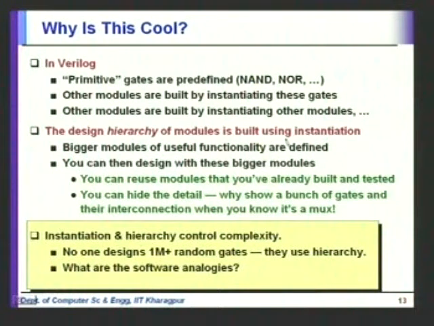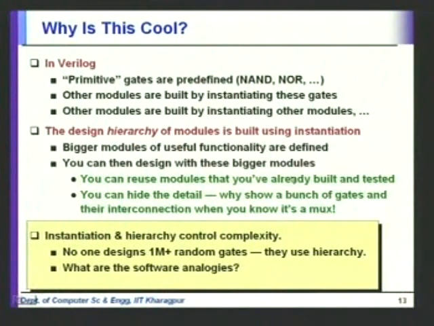The design hierarchy of modules is built using instantiation. Now when we refer to the module hierarchy, this is the hierarchy that we will refer to, okay? That modules, the modules that are instantiated within them, the modules that are instantiated within those submodules and so on. This is the design hierarchy, the module hierarchy.